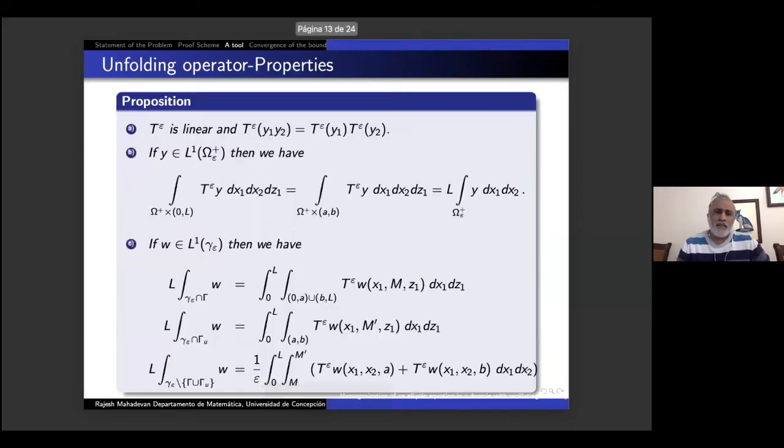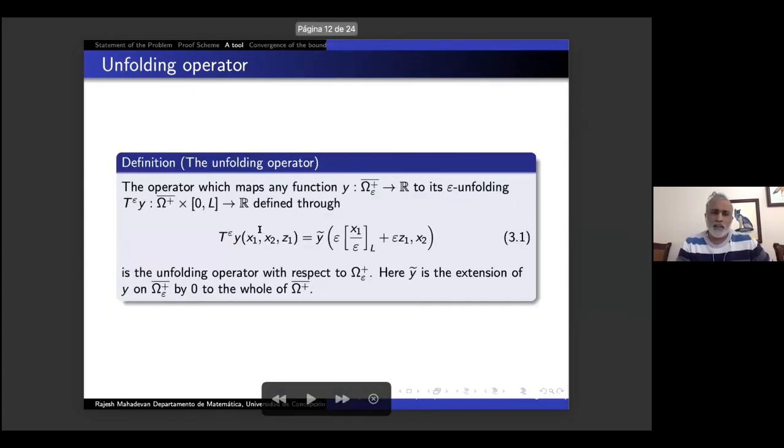then there are several properties which can be obtained. One is that this operator is linear, which means that if you have a sum of two functions, it converts to a sum, and if you multiply by a constant, it gets multiplied by a constant.